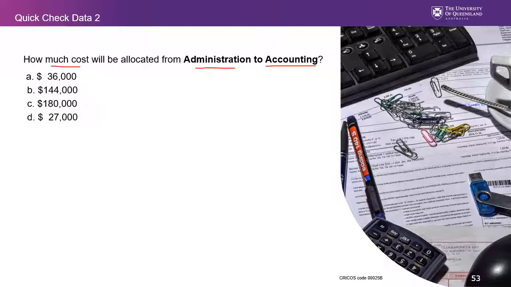Remembering on the previous slide, that admin had a total cost of $180,000, and we were allocating admin based on the number of personnel, and in accounting there were 20 personnel, and in computer services there were 80.